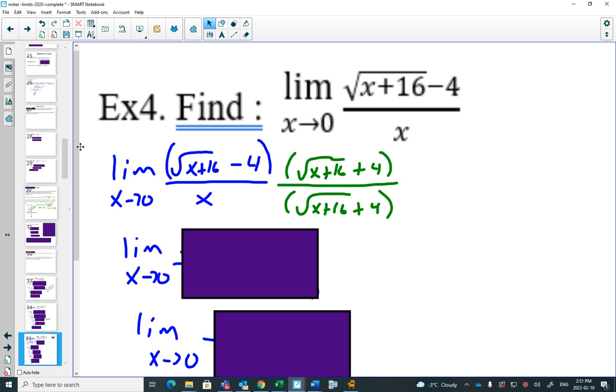You wouldn't be able to distribute the x inside because this has a square root sign. The only way we can multiply square roots, so for example, if I'm trying to multiply 2 times root 3, I can't do anything.